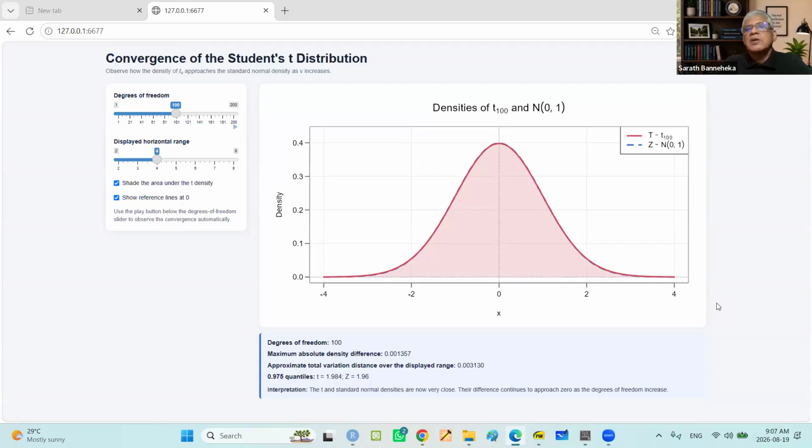It takes some time, as you increase the degrees of freedom, for the tails to become short and come close to zero, as in the standard normal around -3 or +3. Nu has to be large. Okay, so that is a demonstration of the convergence of the T nu distribution to the standard normal as the degrees of freedom increases.